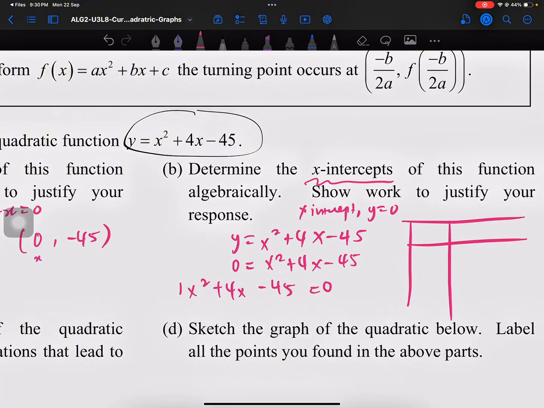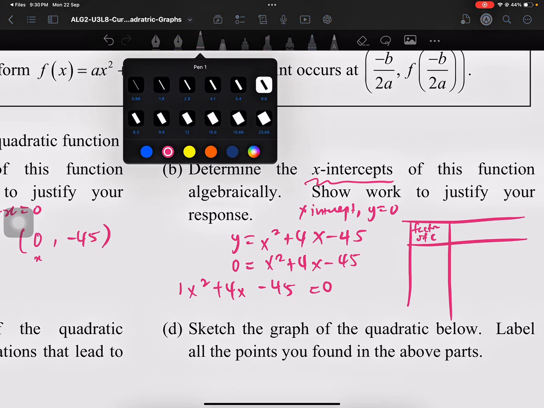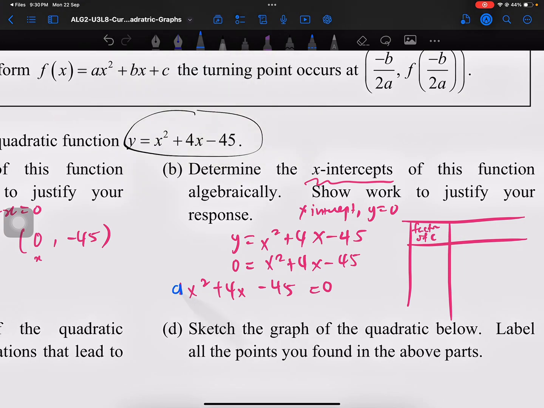So we need to find the factors of C. Here a is 1, b is 4, c is negative 45. So how do we get negative 45? 1 times negative 45, and then 9 times 5.